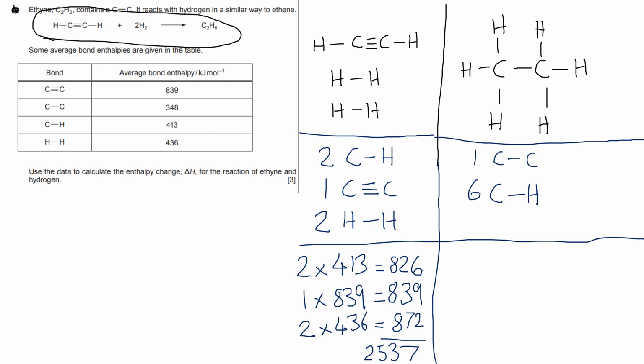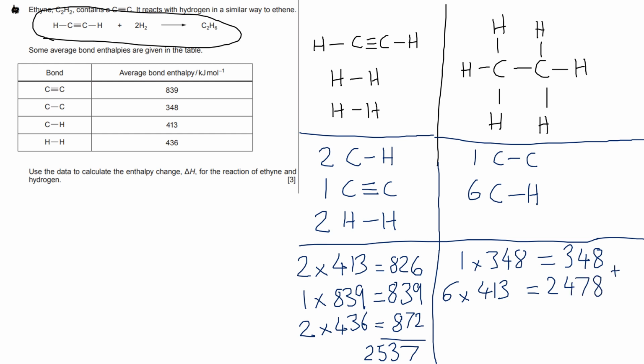So you've got one lot of the carbon-to-carbon single bond. So that's one lot of 348, which is 348. And then you've got 6 lots of the C to H bond, which is 6 lots of 413, which is 2,478.